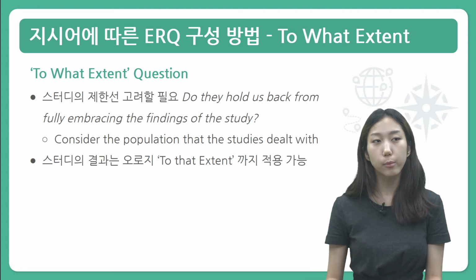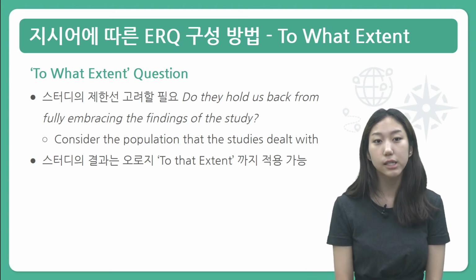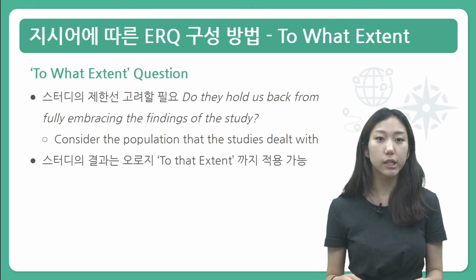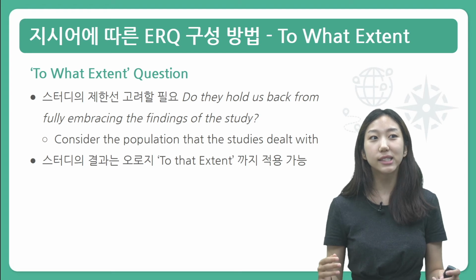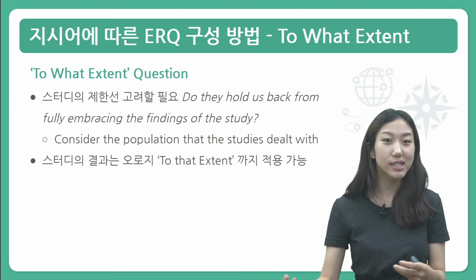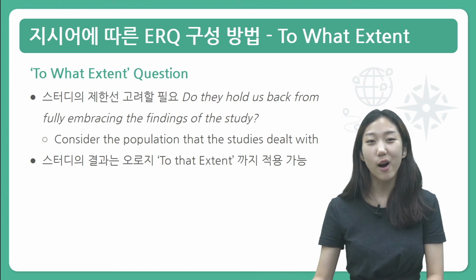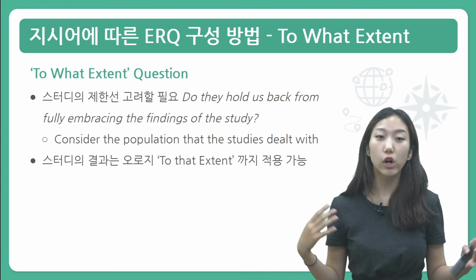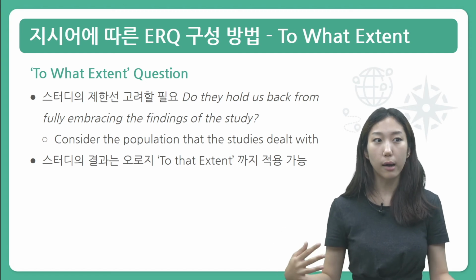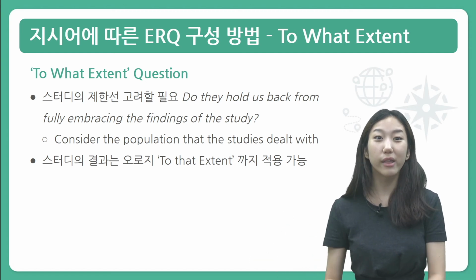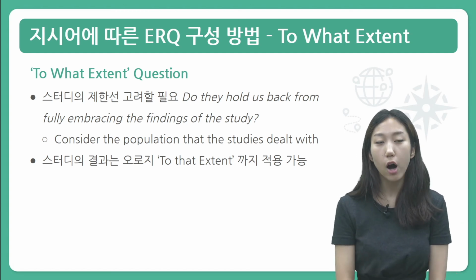So for example, if the sampling or the demographics of the sample is limited and only done with white college students at Stanford University. That was very common back in the day, and now we're trying to be more inclusive with our sampling. However, back in the day, that was very common.